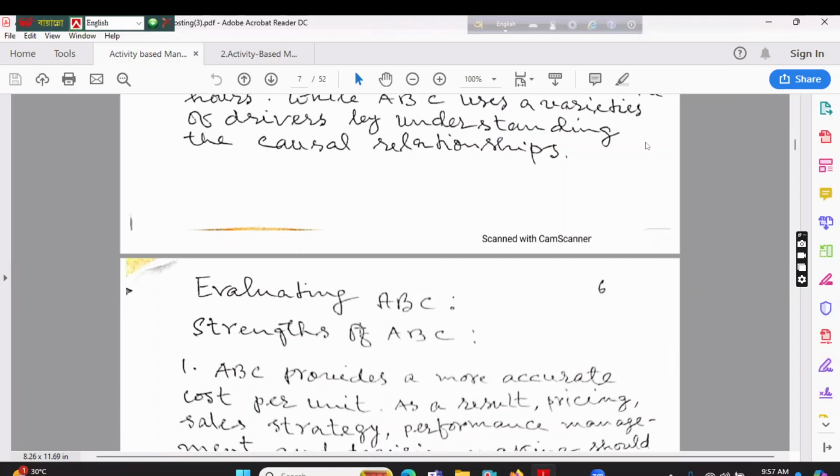In evaluating ABC, we will discuss the strengths of ABC, or advantages, or benefits of ABC, and weaknesses of ABC, disadvantages of ABC, or demerits of ABC.